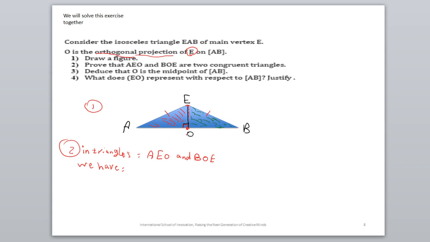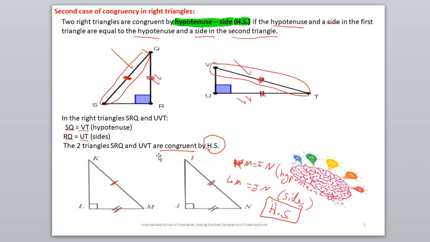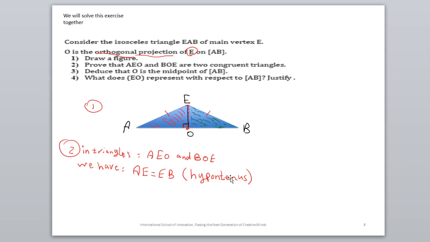So first, we have AE equal AB. Why AE equal AB? They are hypotenuse, right? So we write they are hypotenuse. Okay, so this is the first part.